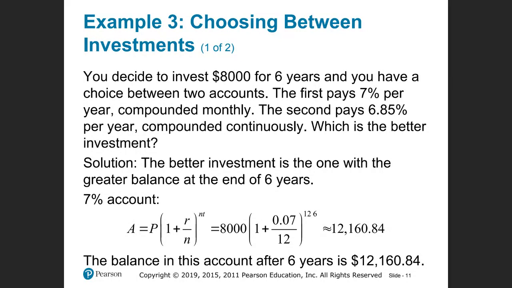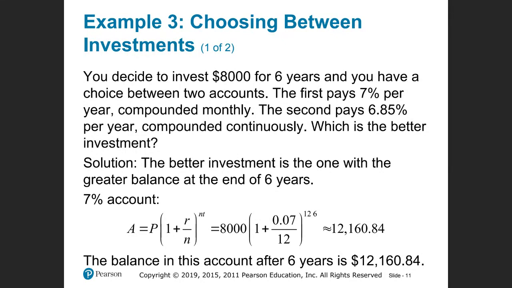We're first going to use the 7% instance. So we're going to use the formula A is equal to P times (1 plus R divided by N) raised to the NT. And working this out, remember that we solve inside the parentheses first. We divide the rate by N, which is the number of times it's compounded.